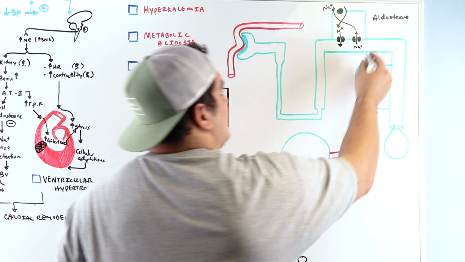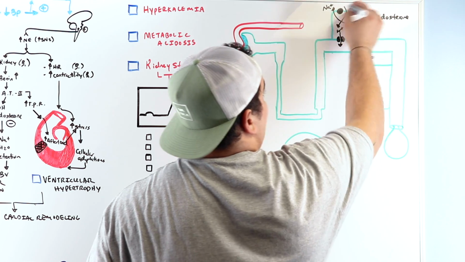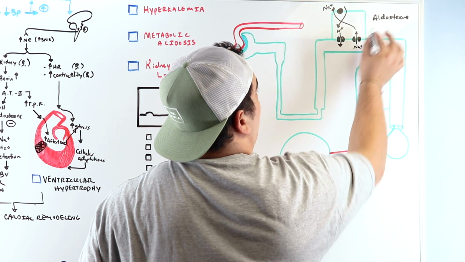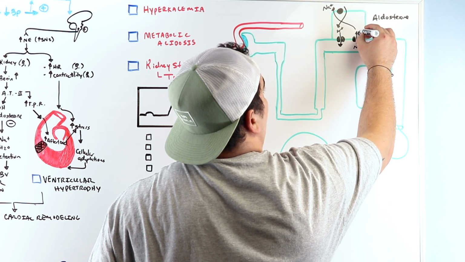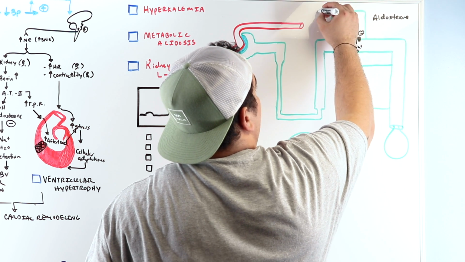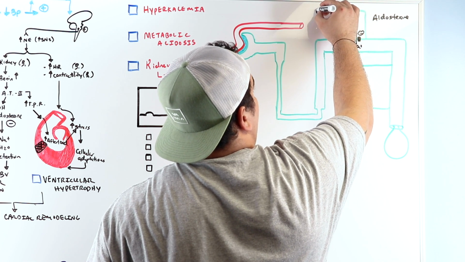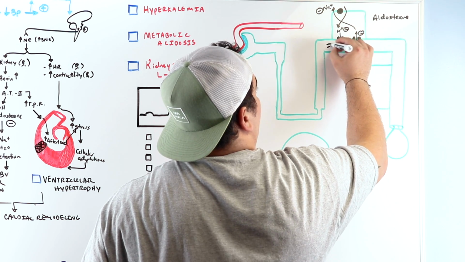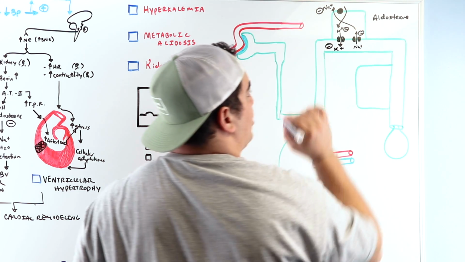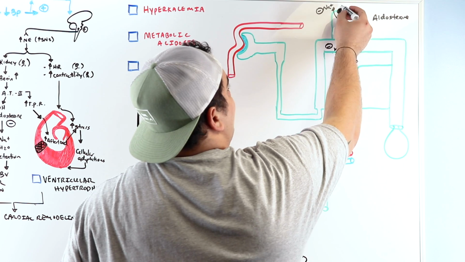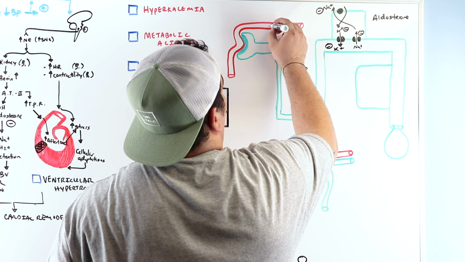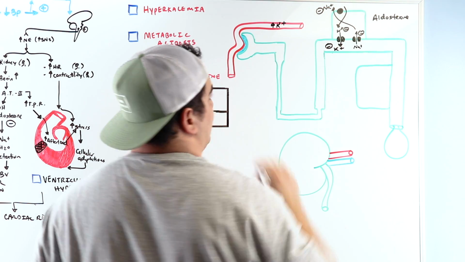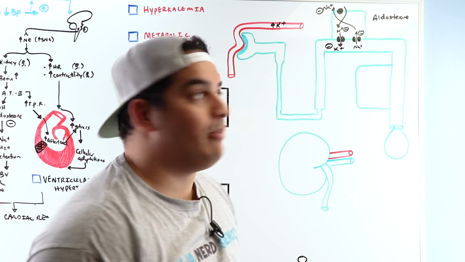Well, if we give drugs that block aldosterone, which helps to enhance all of these processes, right, what's going to happen? We decrease sodium reabsorption, we decrease the activity of the sodium-potassium ATPases, we decrease potassium entry into the cell, and we decrease potassium excretion. So what does that mean then? Instead of excreting potassium, we can accumulate potassium. Okay? So that's one of the big things.